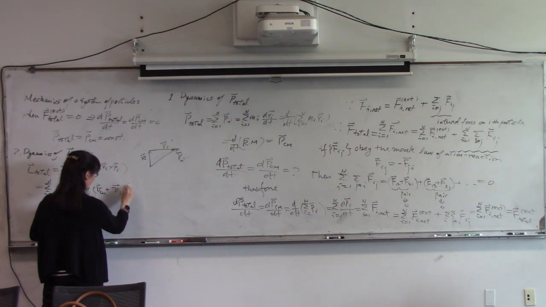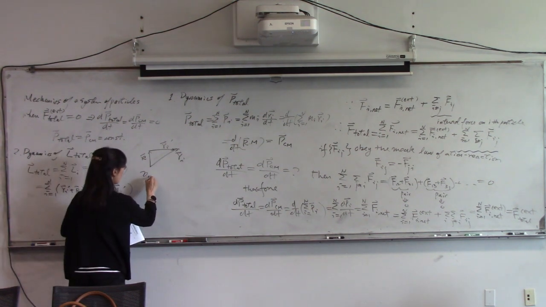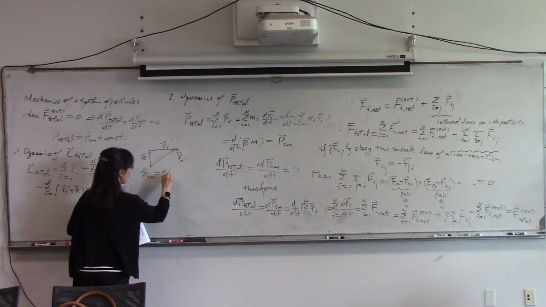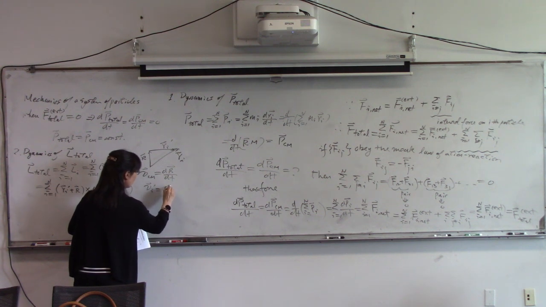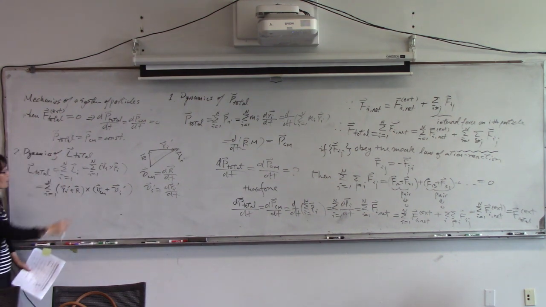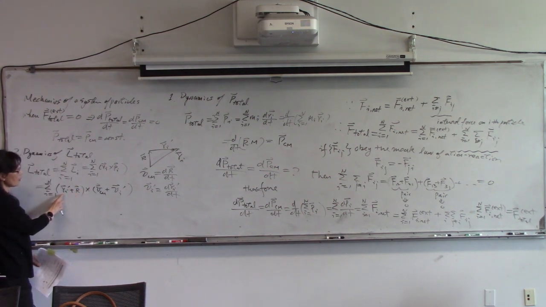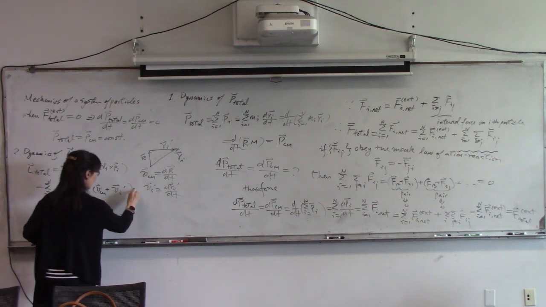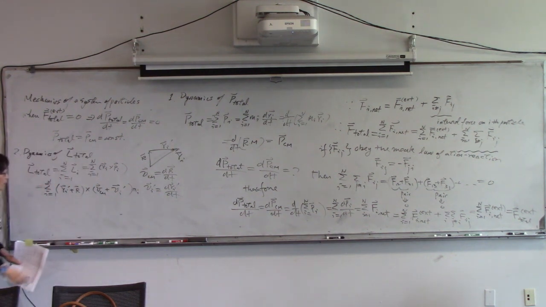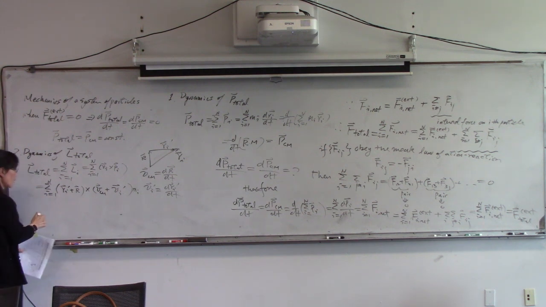So the center of mass velocity is dR/dt, and the relative velocity of particle i is dRi prime/dt, right? Because here you just see the momentum, and we have a mass here. That makes sense? Okay, so now we can go.